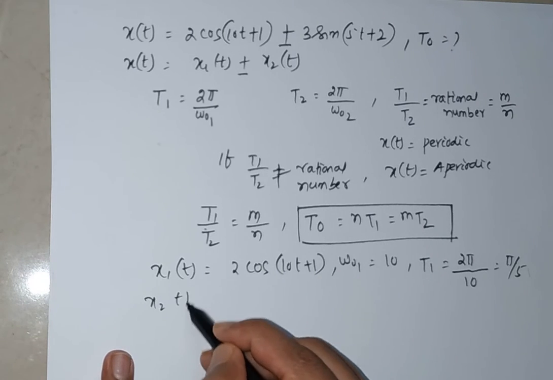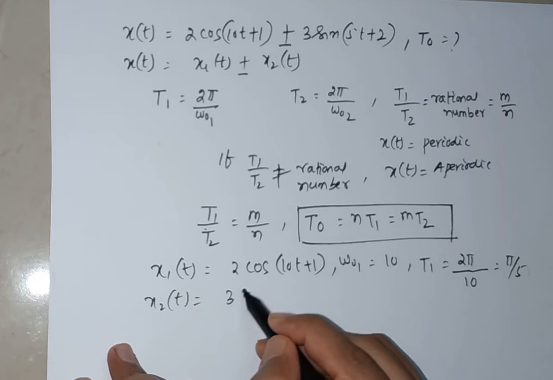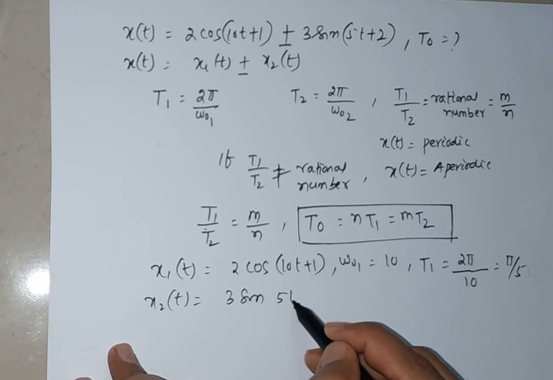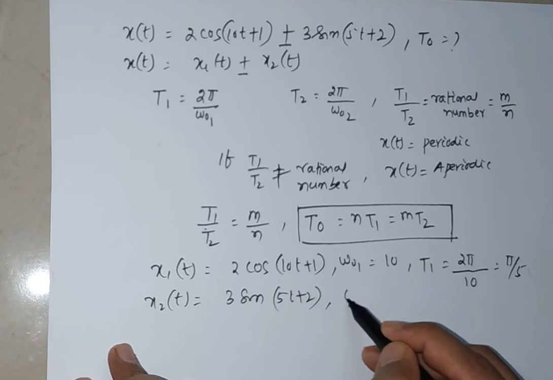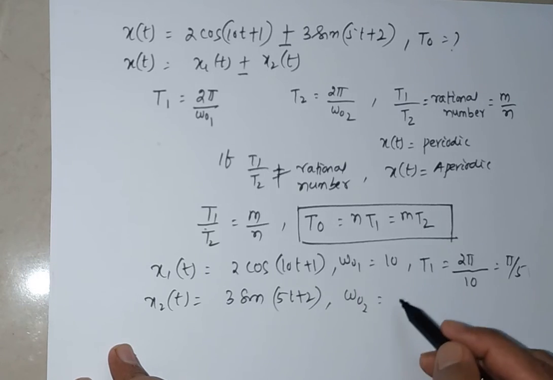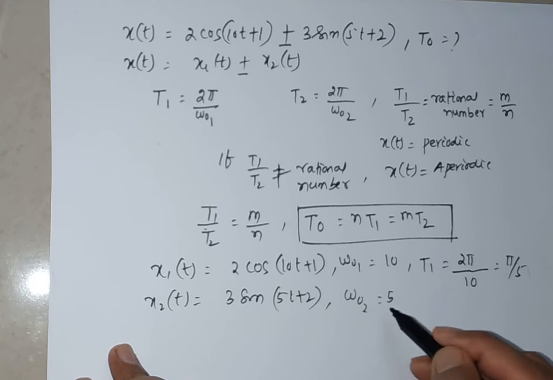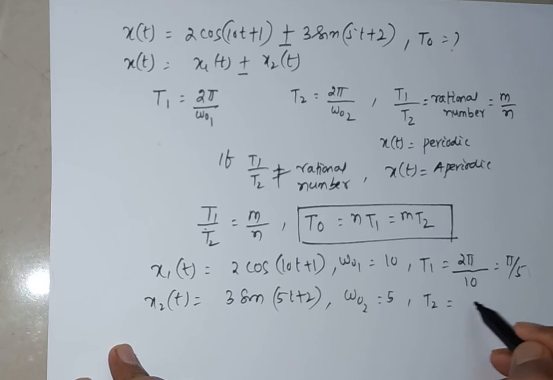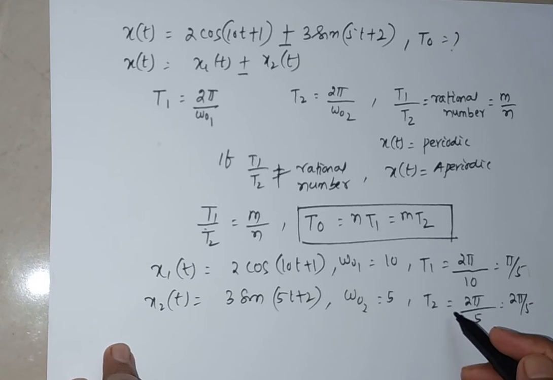What is x2 of t? It is 3 sin of 5t plus 2, where omega 0 2 is 5. Then t2 is 2 pi by omega 0 2, that is 2 pi by 5.